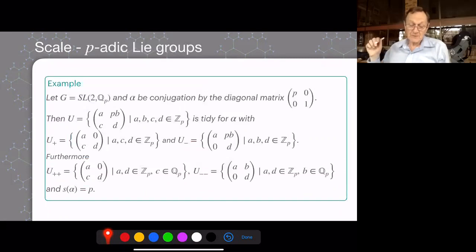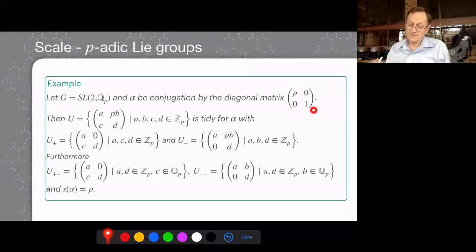So a couple of examples. We could take our group to be the SL2 of the p-adic numbers, and alpha to be conjugation by this diagonal matrix. Then the subgroup U, consisting of all matrices that have p-adic integer entries, but in the top right corner, that entry has to be a multiple of p, is tidy for alpha.